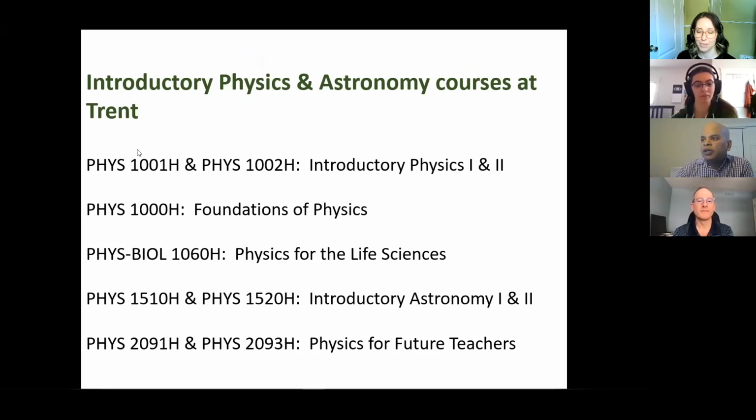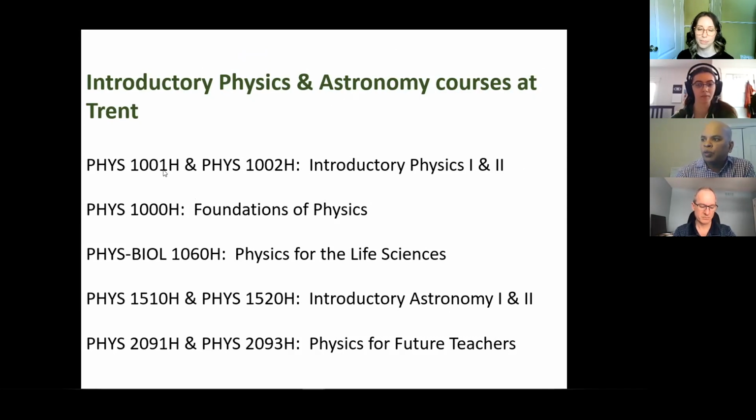We have introductory physics, astronomy courses, and then upper year physics and astronomy courses. For the newcomers, it is very important for you to know more about the introductory physics courses. We have three streams of introductory physics courses.